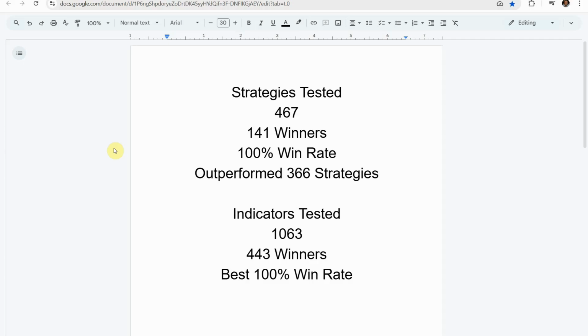That was achieved using the Academy of Forex indicator to trade the crypto scalping strategy that I'll mention in this video on a live trading account. And so far, since we've been keeping track, it has outperformed 366 of the other strategies that we have put it up against, every single one so far. We've also tested a total of 1,063 indicators, with 443 of them being winners.